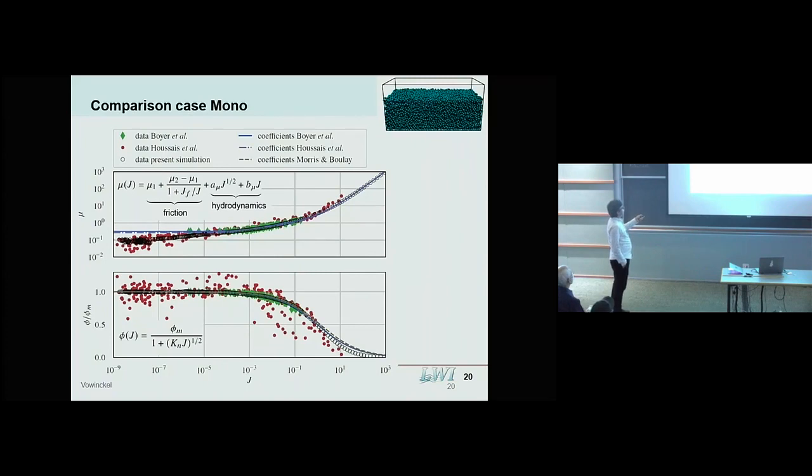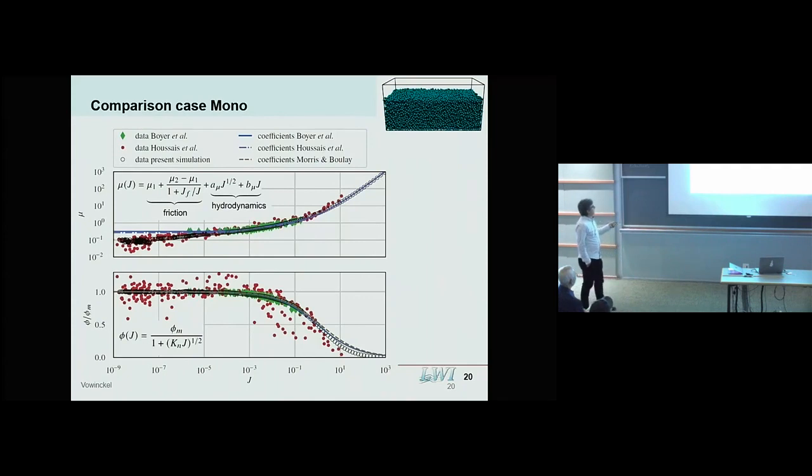So François' data is in green. Our data is the hollow circles. And Morgan's data is here shown in red. And so we are basically reproducing the Boyer rheology at higher shear rates, but there's a bit of a deviation here that I will get to later. But this is very encouraging already, and we found the same deviation that Morgan did with our rheometry simulation.